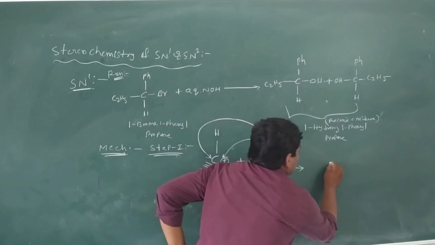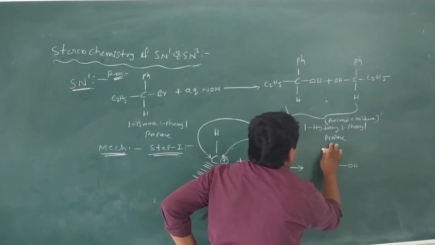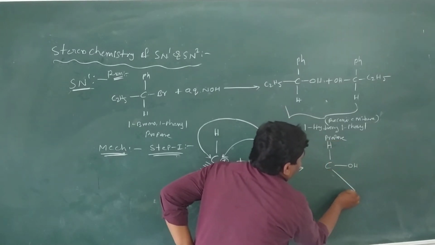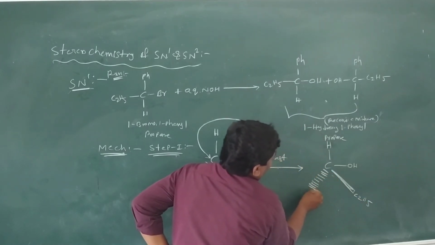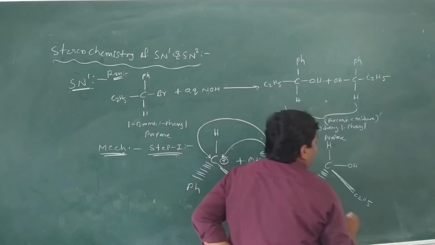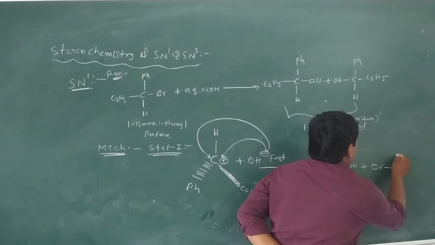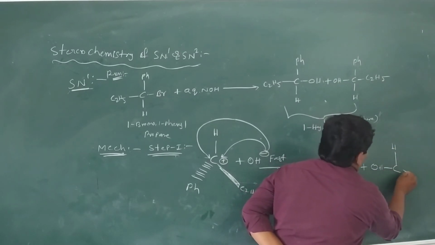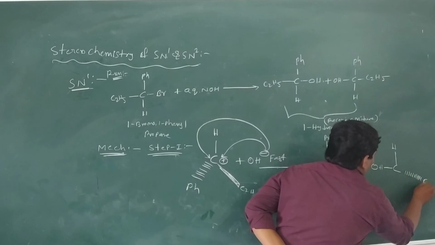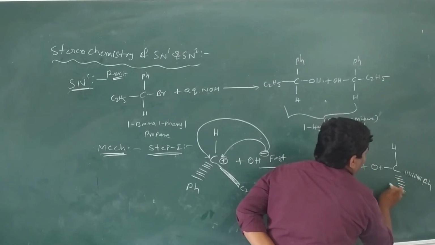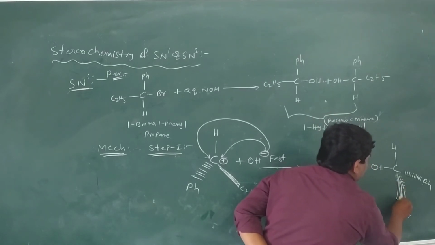So it forms OH, phenyl, H, with C2H5 on the front side and phenyl on the back side, and another mole with OH, back side phenyl, front side C2H5.